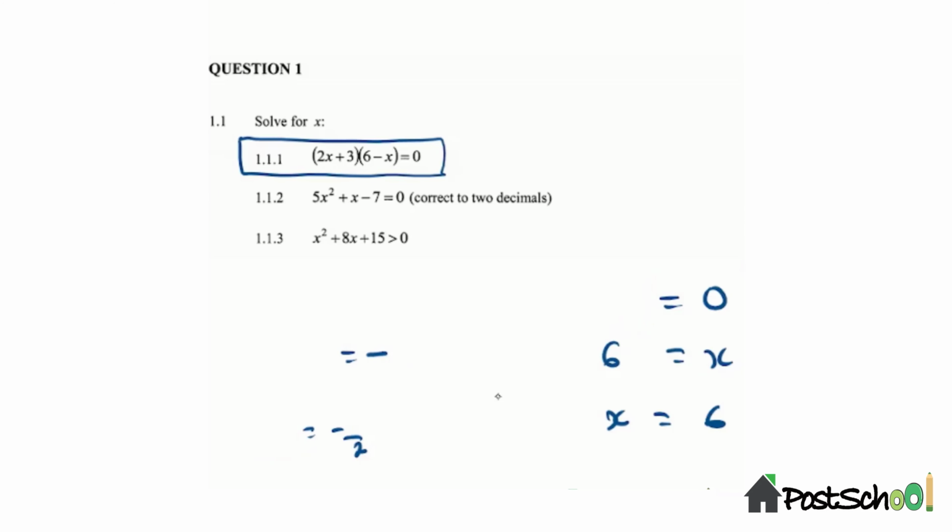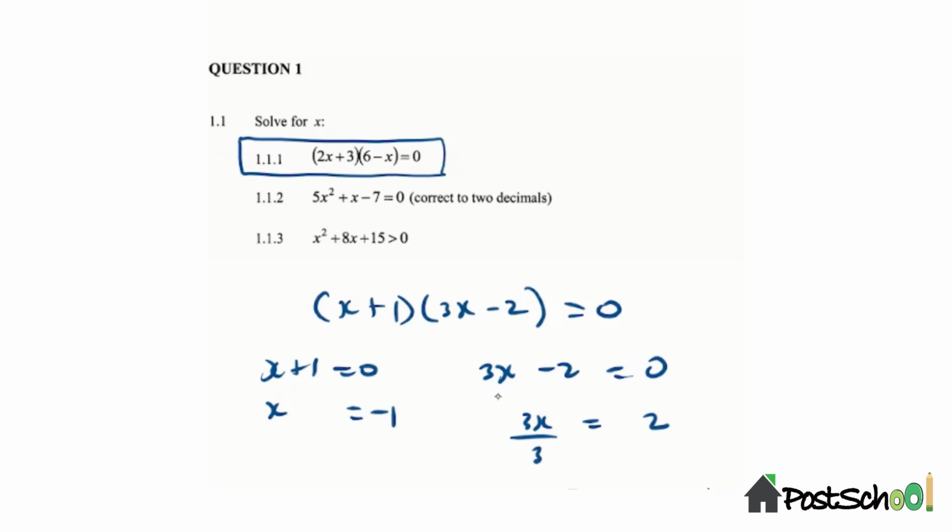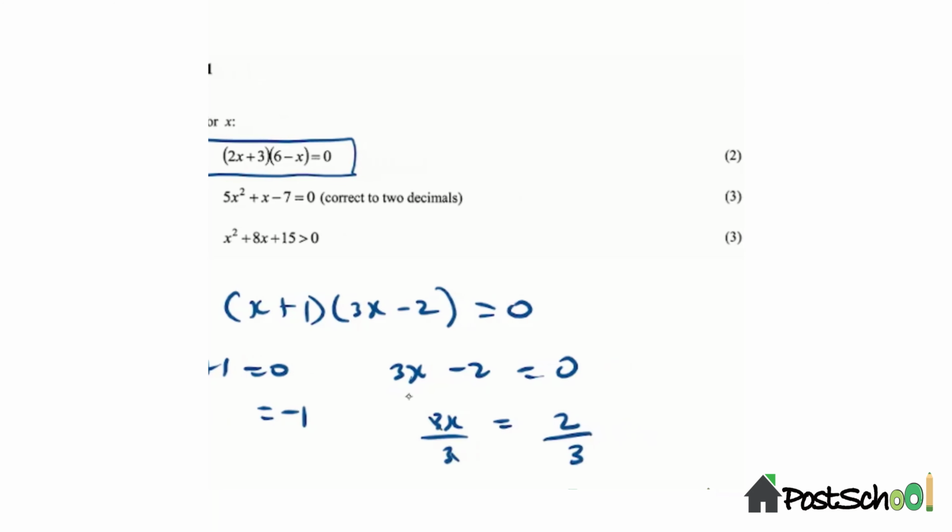If you had a different question, let me make one and say you're given x plus 1, 3x minus 2 equals 0. Again, you say x plus 1 equals 0 and 3x minus 2 equals 0, which gives x equals negative 1, and 3x equals 2, then you divide by 3 on both sides to get x equals 2 over 3.